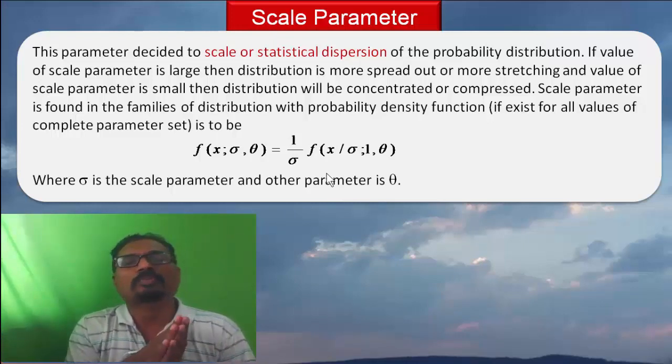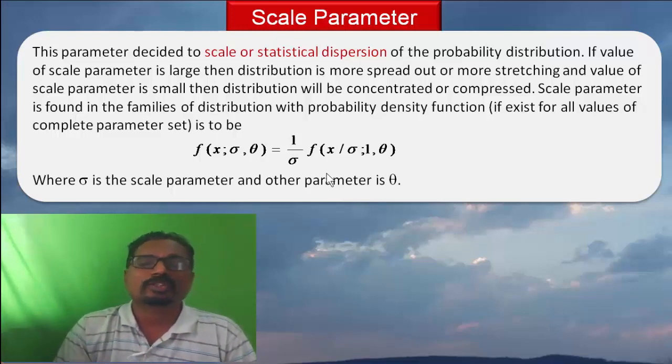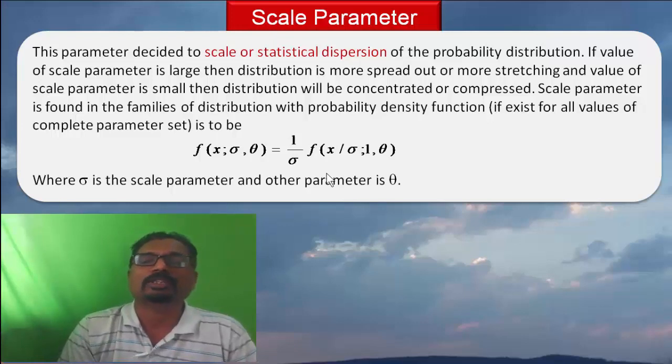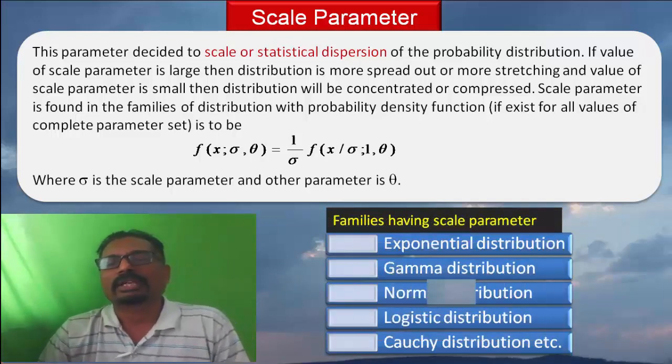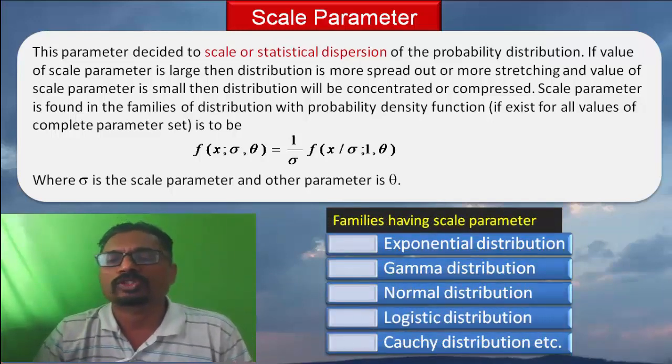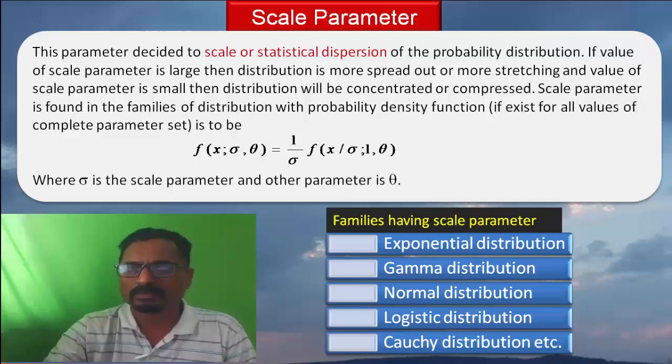Scale parameter is found in families of distributions with probability density function f(x; sigma, theta) equal to 1 upon sigma f(x by sigma; 1, theta), where sigma is the scale parameter. Some families having a scale parameter are exponential distribution, gamma distribution, normal distribution, logistic distribution, and Cauchy distribution, and some others.